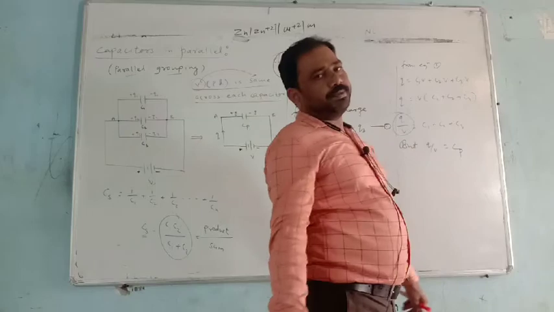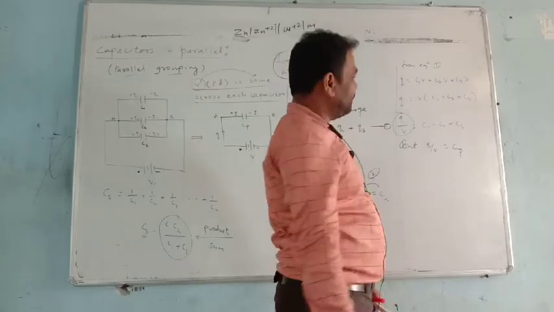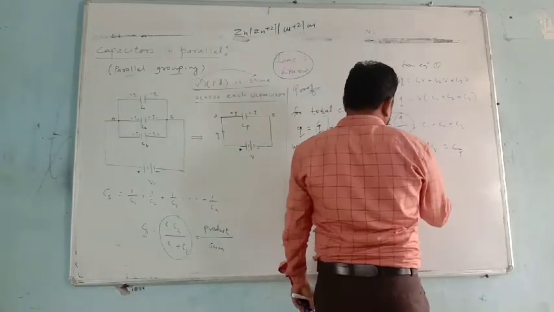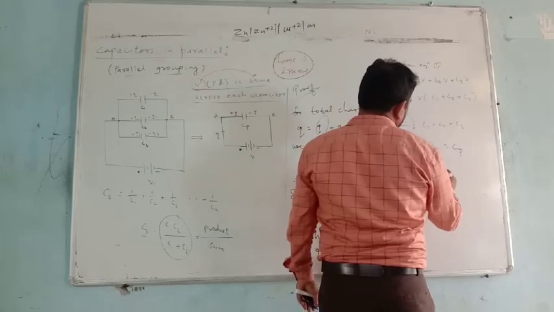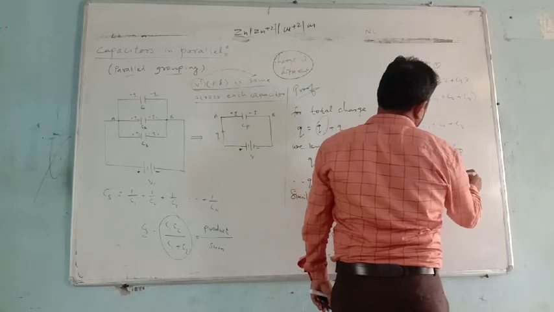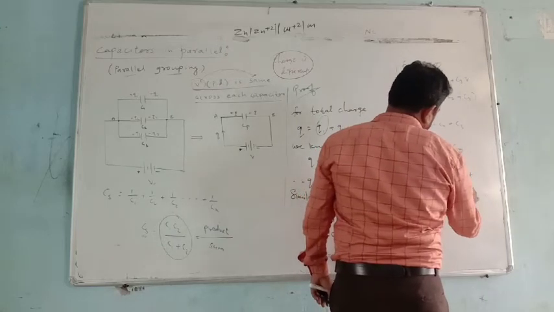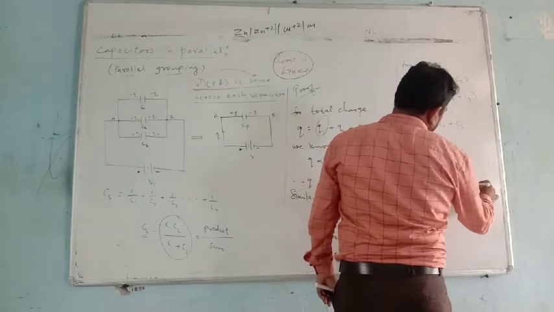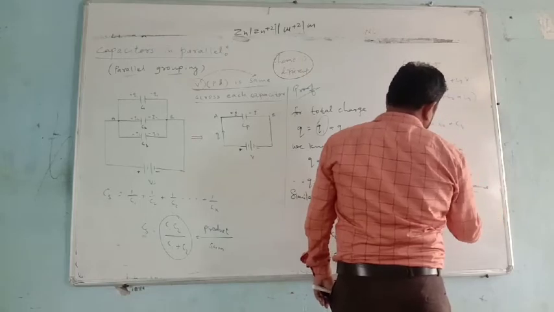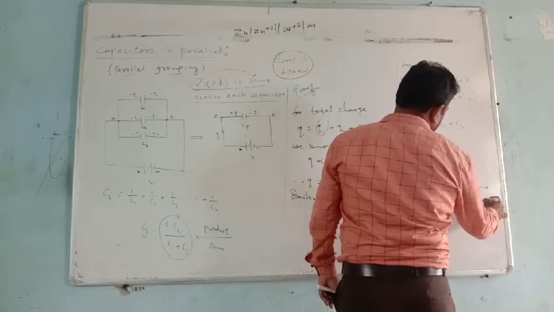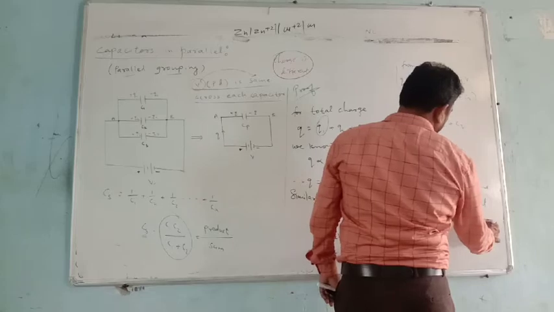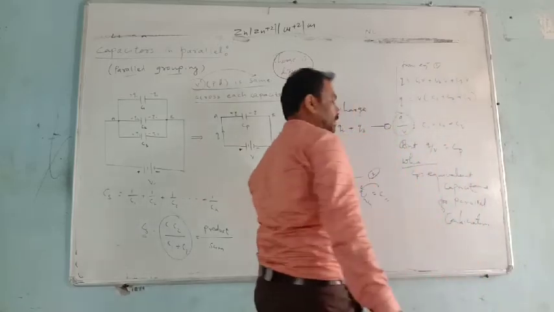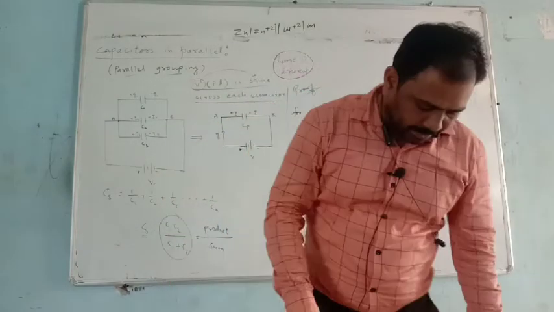So we can represent it as C suffix P, that is Cp, the equivalent capacitance for parallel combination, meaning a single capacitor.